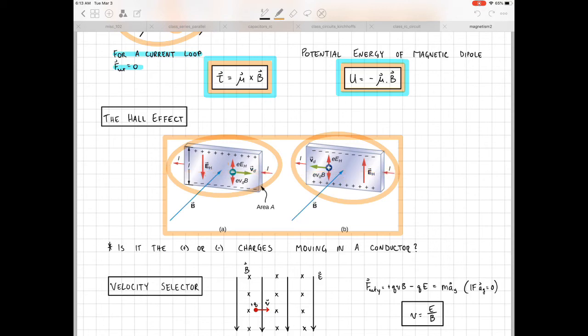In the left picture, though, the charge carrier, that's the mobile charge, is the negative charge, and so that's a charge moving to the right.